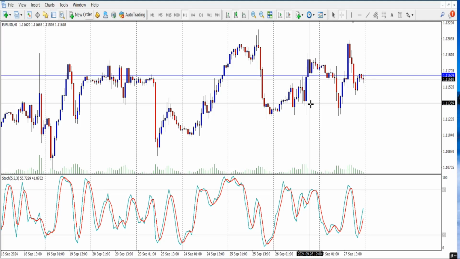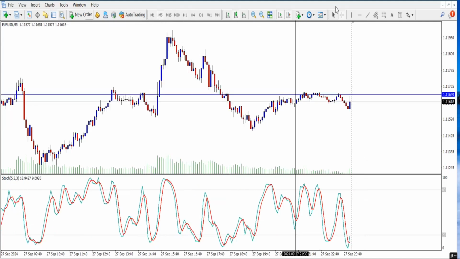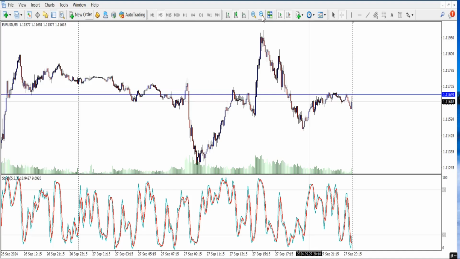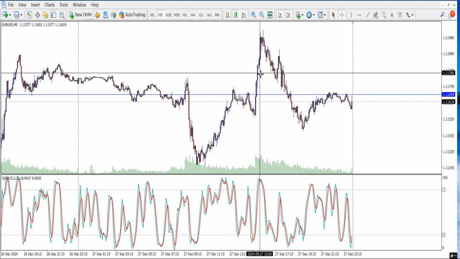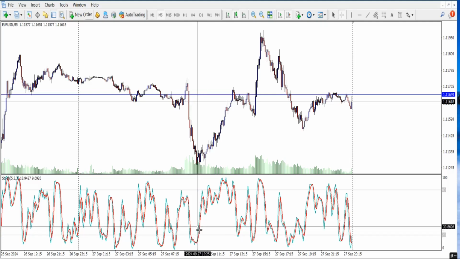So you can decide to use the 5 minutes time frame if you want to do your analysis as a day trader. Let us do a little analysis on the 5 minutes time frame, and we are going to know how long such trades are going to be open. So let us use this as an example.